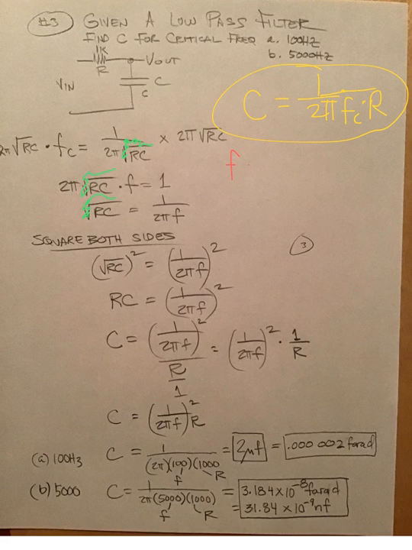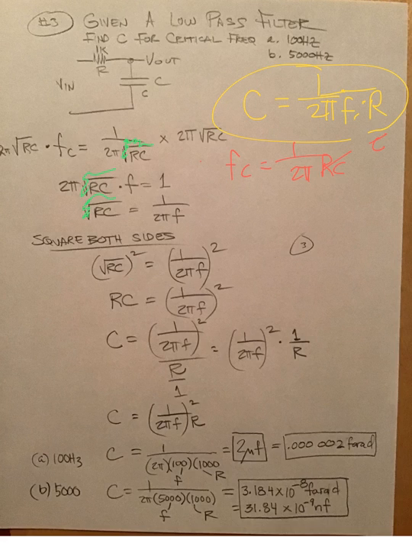Basically, F sub C, which is 1 over 2 pi RC, you can just multiply both sides by C. Okay, so I'm going to take that back and make it easier.